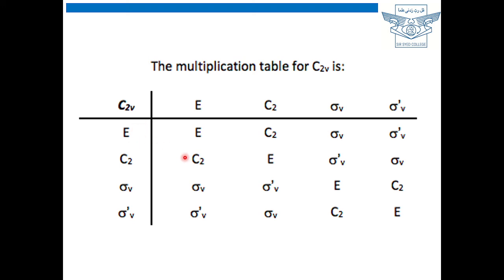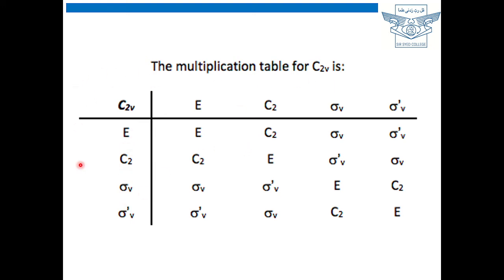In the sense, if you perform one symmetry operation followed by another one, you will end up in another symmetry element which belongs to the same group. Got it? Is it confusing? Let me explain. In the C2V point group, you have four different symmetry elements: E, C2, sigma V, and sigma V prime.